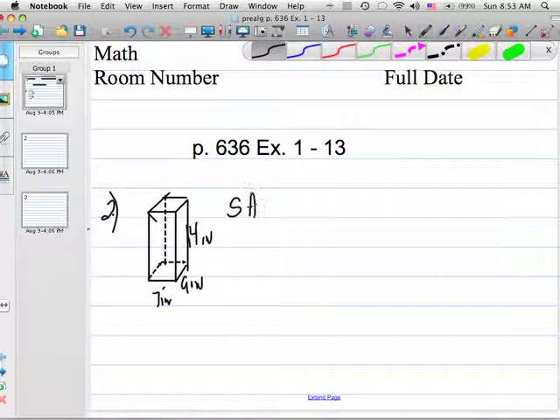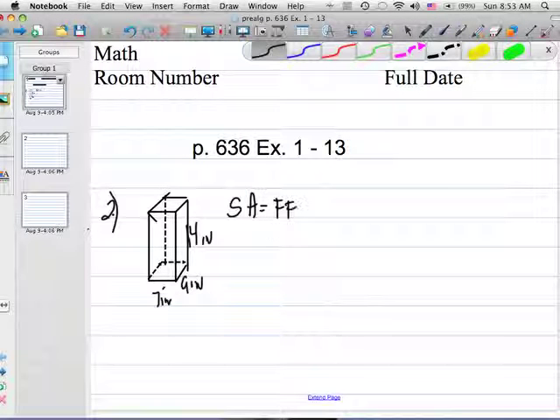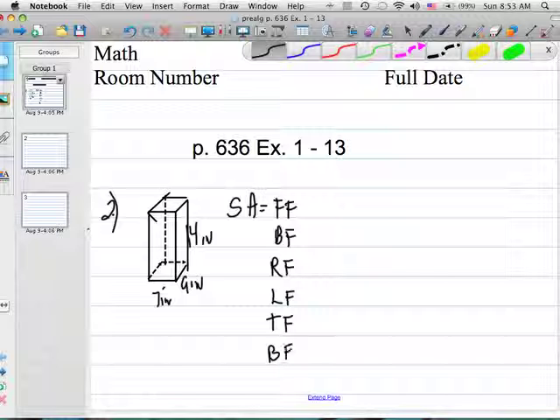So surface area would equal, write the formula down, front face and the back face, the right face and the left face, and the top face and the bottom face. And remember, every pair is the same. So the front face would be this one right here. It's 7 inches wide and 14 inches tall. So 7 times 14, and that comes out 98.